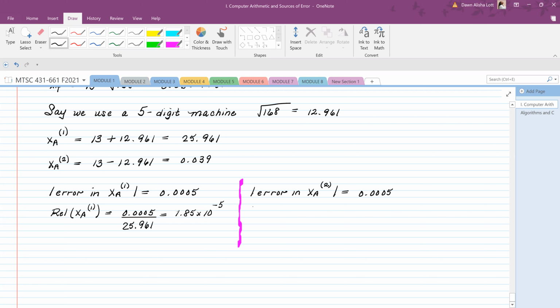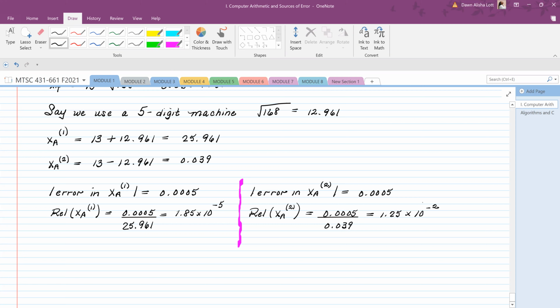Let's look at the relative error in the approximation to the second root. So we're going to take 0.0005 and we're going to divide by 0.039. And we end up with 1.25 times 10 to the minus 2.